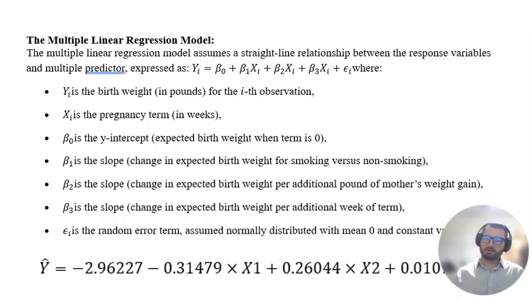So there's about a 1 pound variation. For linearity, we assumed that the birth weight has a linear and constant relationship with the predicted variables term and maternal weight gain, versus the smoking status just being a vertical shift in the model.